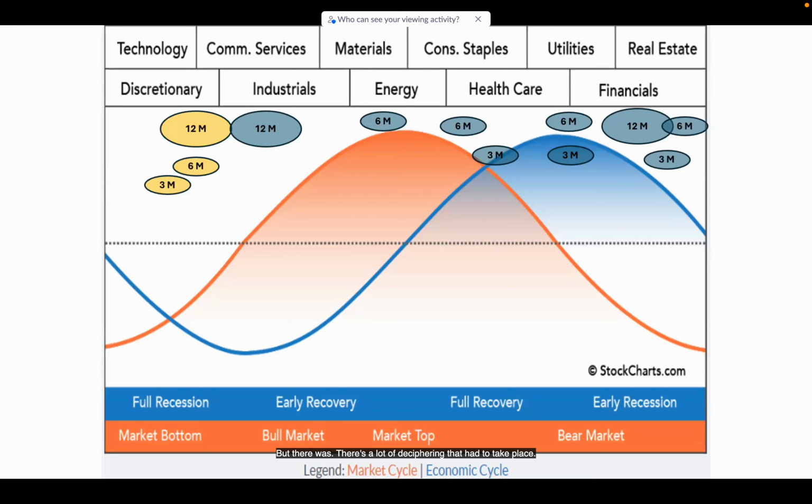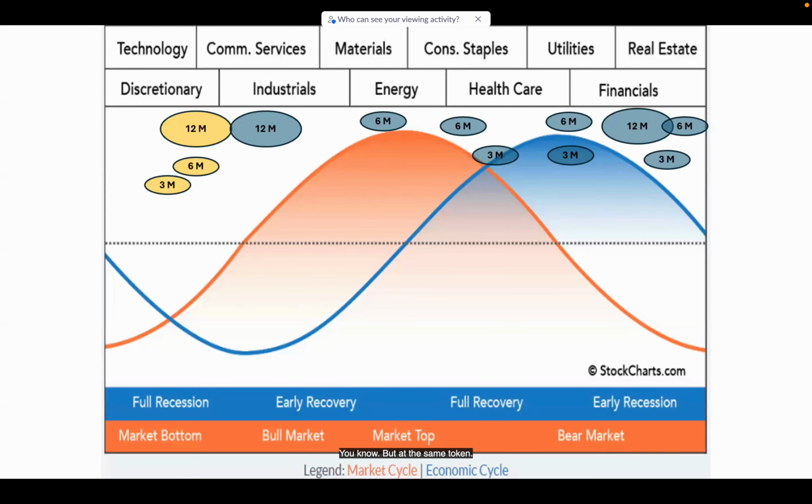I don't want to say confusion, but there's a lot more deciphering that had to take place in this presentation than in previous presentations. But everything that I'm looking at right now is suggesting that, yes, we need to be prepared for the downside. I'm not saying go out and start shorting the markets right away because the party's not over just yet.